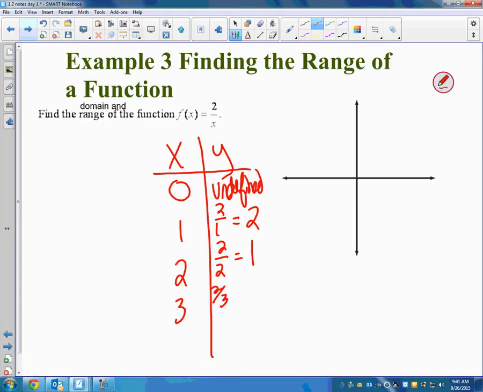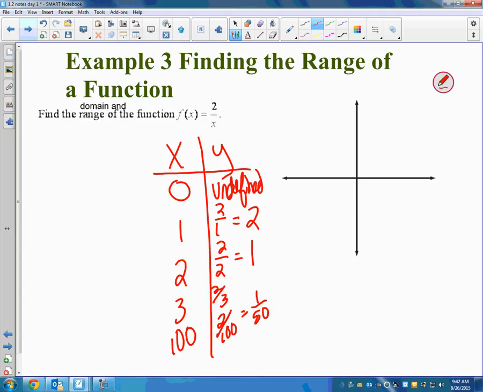And you can think about what's going to happen as you keep picking numbers there. You're just going to keep getting fractions, right? If you picked 100 here, you would get 2 over 100, which is 1 over 50. So even if you went all the way out to 100, you're just going to get this small fraction here.